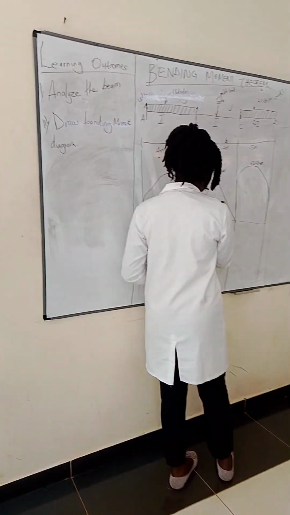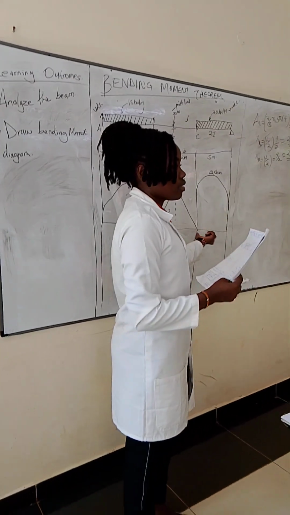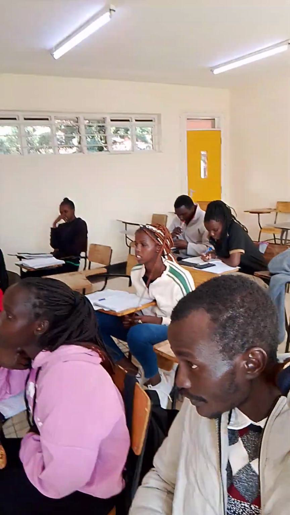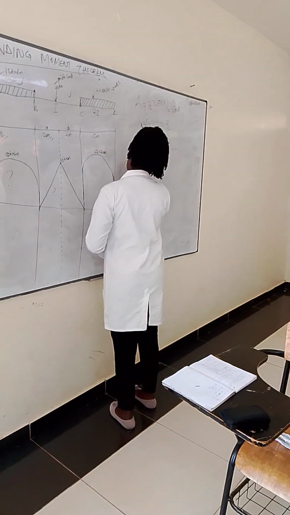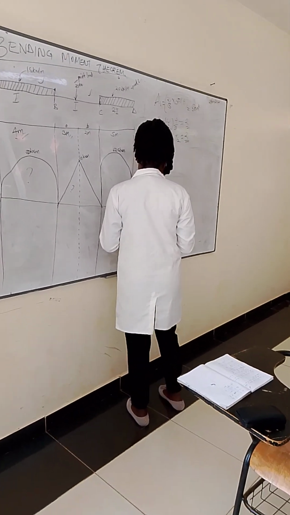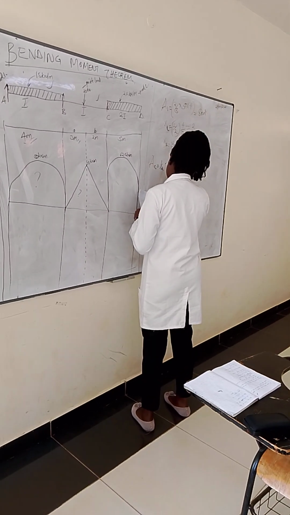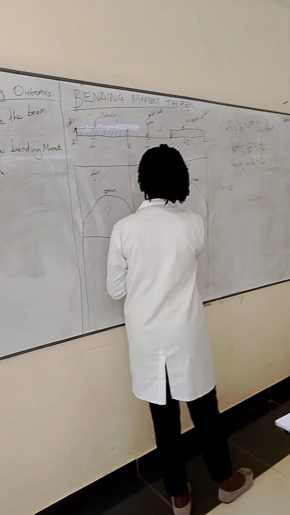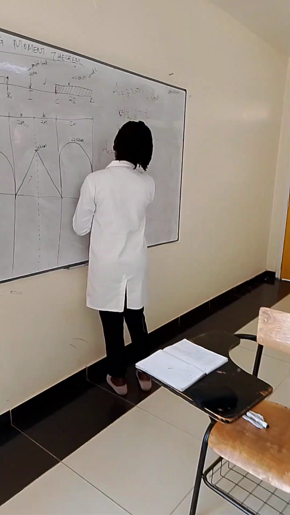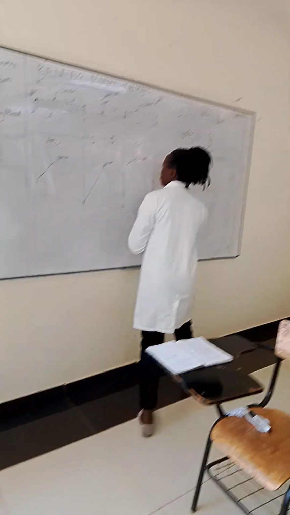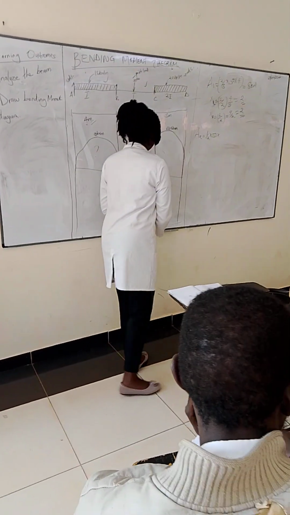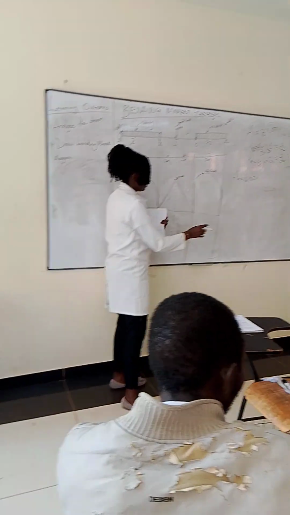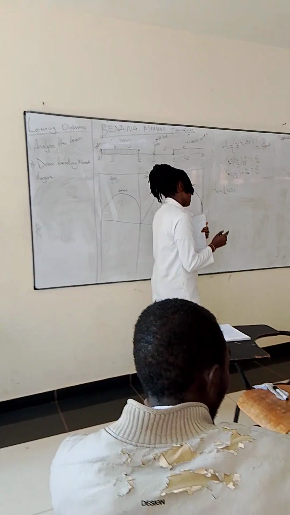Next thing you're moving to area 2. Here. So how do you get the area of this? Half base times height. So in this case, we take a half. Area 2 will be a half times the height, which is 30, and then you multiply by the base, which is the length, which is 5.